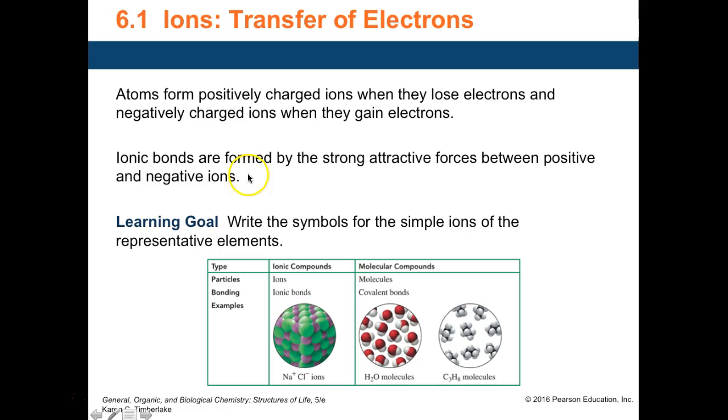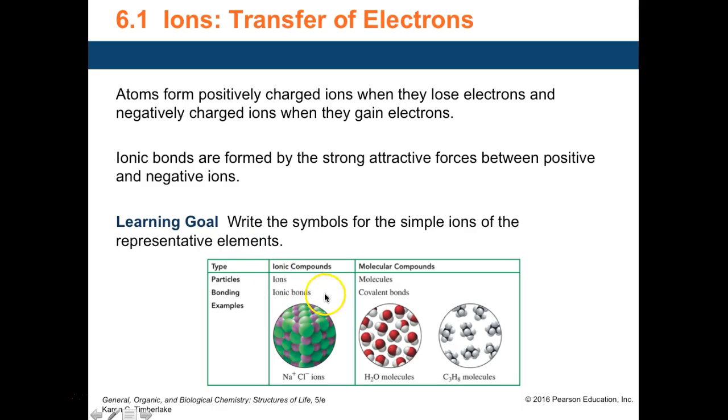Now, the bond that holds the positive and the negative ion together is just attractive forces. So it's not like a physical bond. However, it is a very, very strong bond. The goal here is to know how to write the symbols for very simple ions of the representative elements, the group A elements.